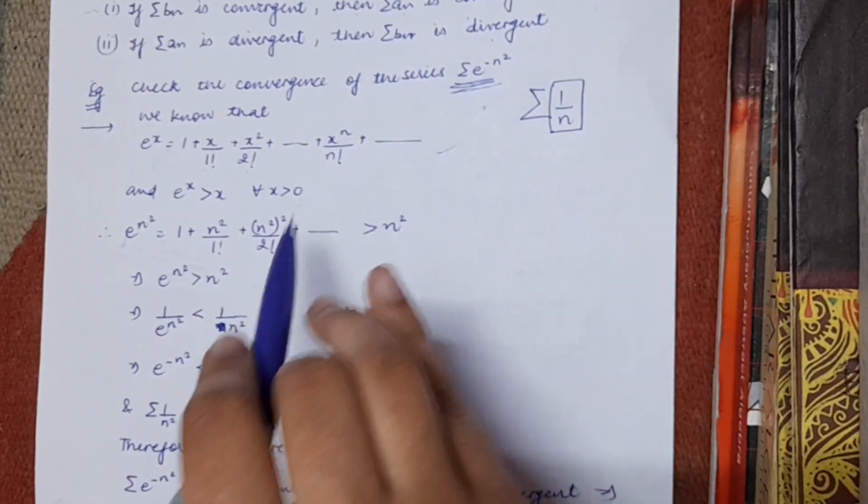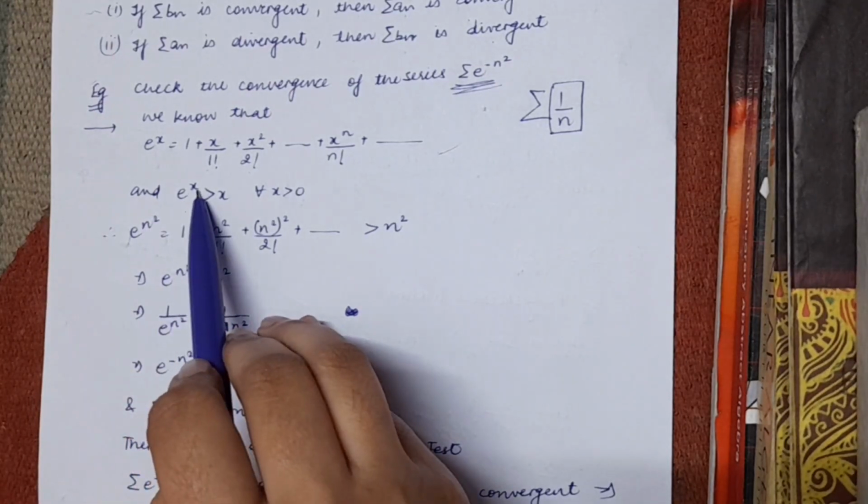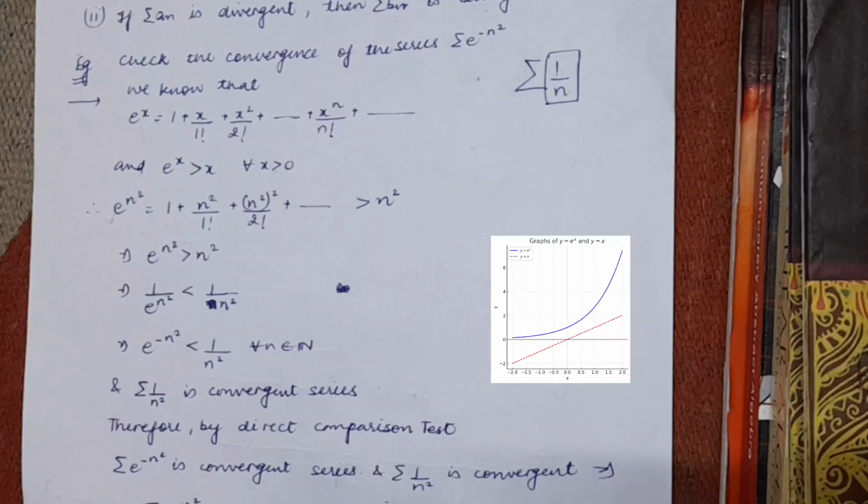Now we know that the exponential e to the power x is always greater than the polynomial y equals x. We can also see this from the graph, where we have this graph for e to the power x or this graph for y equals x.